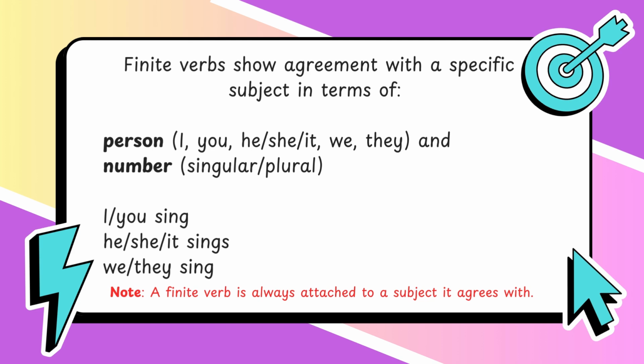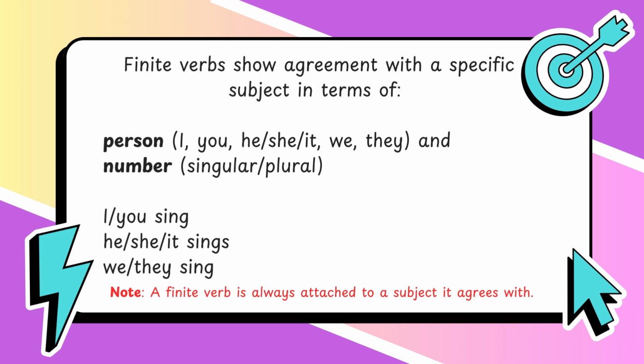We also said apart from tense, it also agrees in terms of person and number. So when a finite verb is used with the subject, which is the person, it tells us if it is in the singular form or in the plural form. Now, remember, finite verbs are always action verbs.